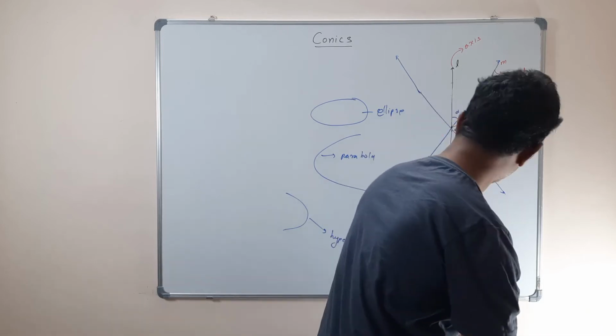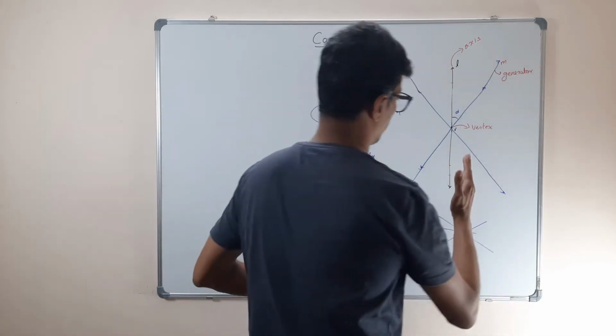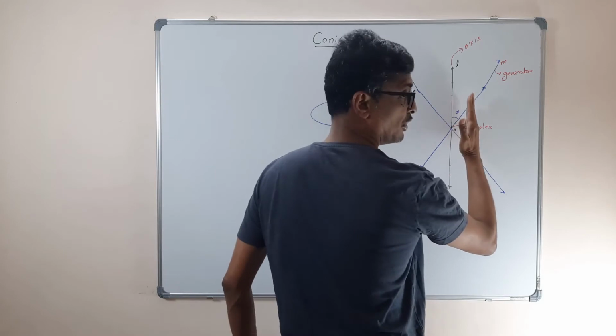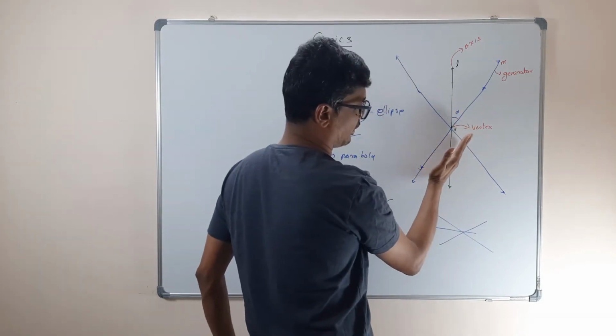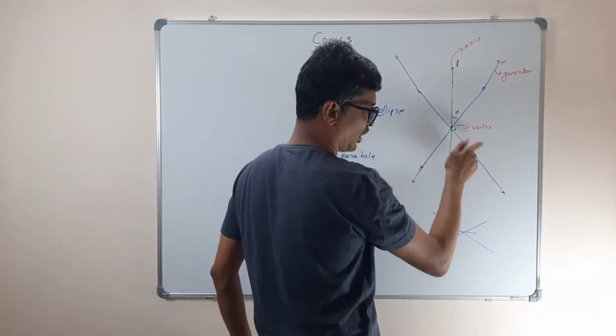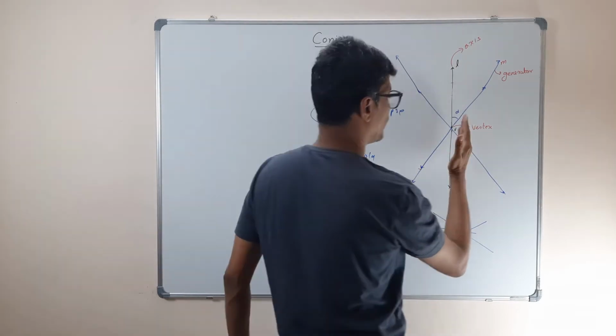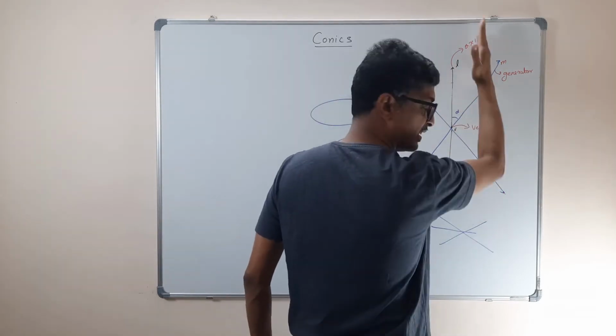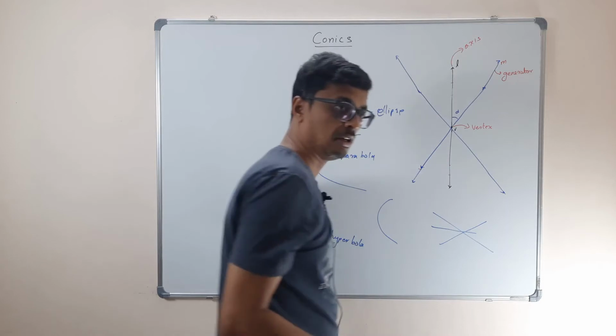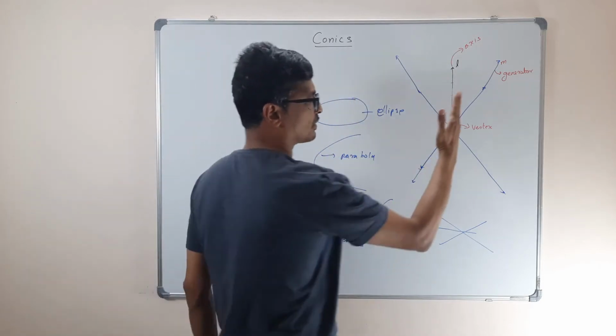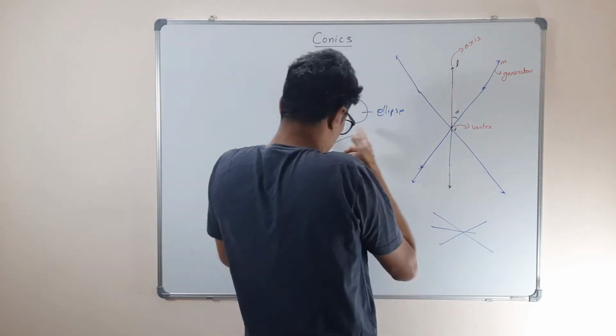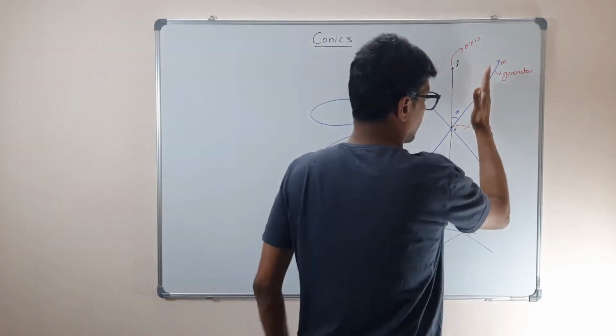It is not actually necessary to be parallel. What the book has written is that it has to be parallel to the axis. If you're parallel to the generator, you get a parabola. If it's parallel to the axis, then you get a hyperbola. But it's not necessary. You should have a system of two curves, which you can represent by a hyperbola.